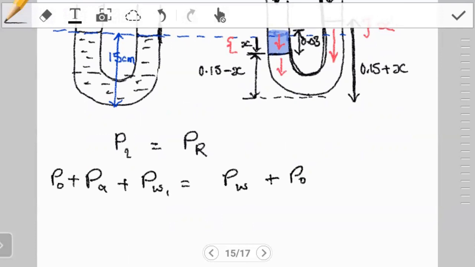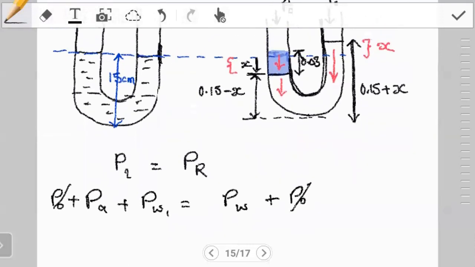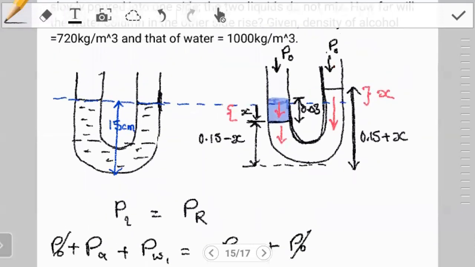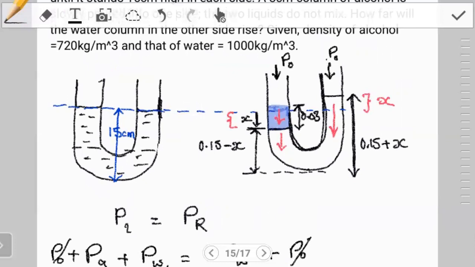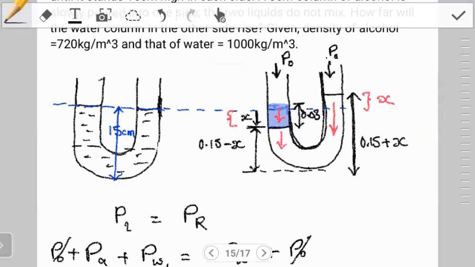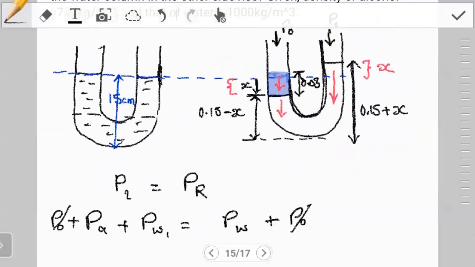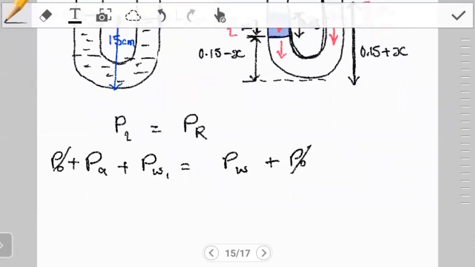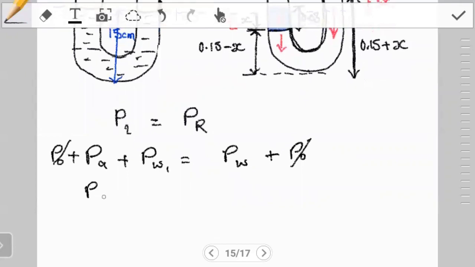And since it is the same atmospheric pressure, this quantity will cancel with that quantity. This problem would have been different, of course, if one end was exposed to something else, maybe a vacuum. It would mean that the external pressure would be different on each end, so you'd have to leave these two terms. But in this case, they're the same, so they cancel out. And then our problem remains as P alcohol plus P water 1 equal to P water 2.